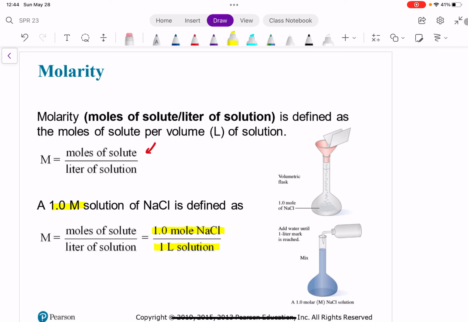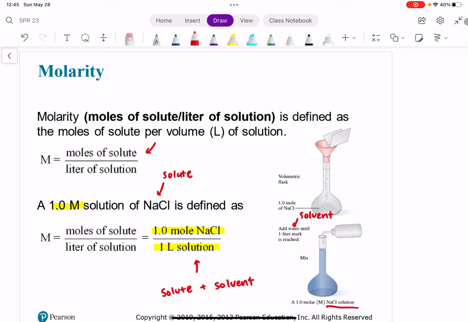A lot of times we talk about our solvent being water. Your solution is a mixture of your solute plus your solvent. In terms of salt water, your NaCl would be your solute, water would be your solvent, and the solution that's created is your NaCl solution, or your salt water solution.